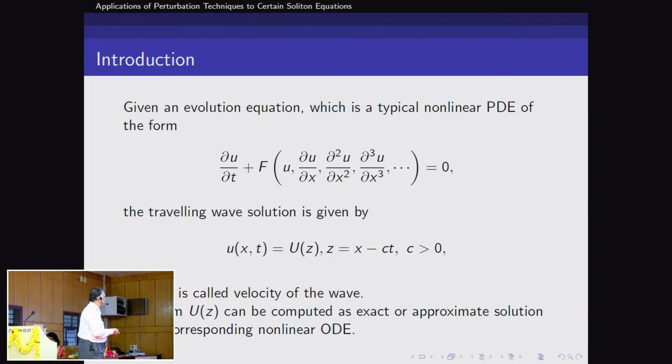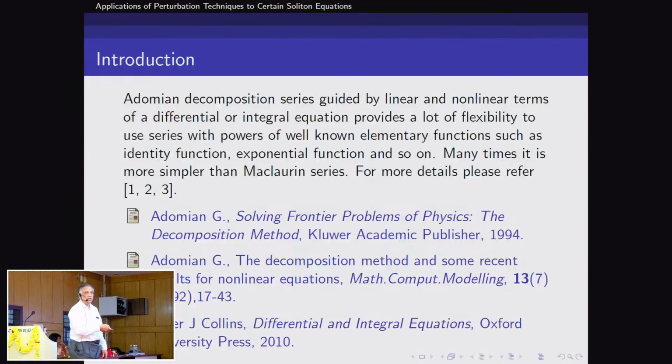Okay, so we want to discuss what is called the traveling wave solution. It is a transformation which converts a PDE into an ODE, an ordinary differential equation. So the Adomian decomposition series, there are standard books on that.